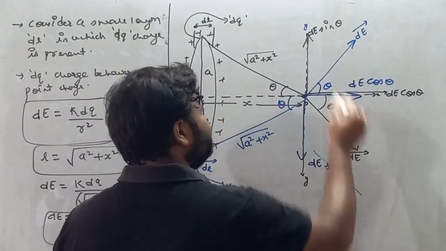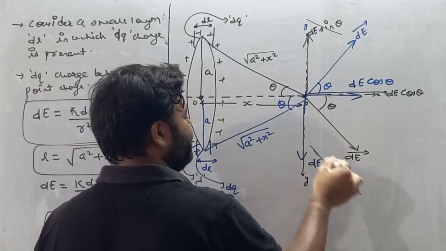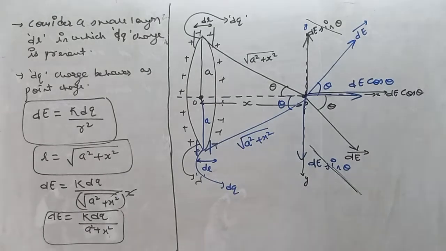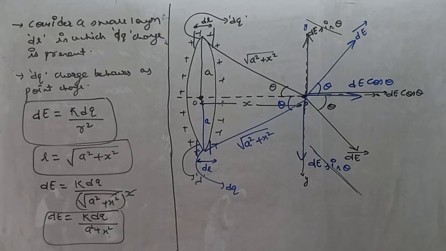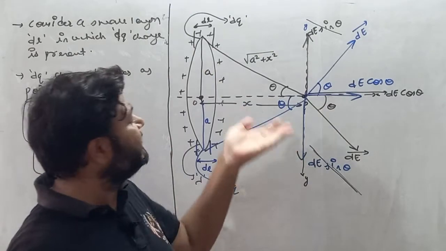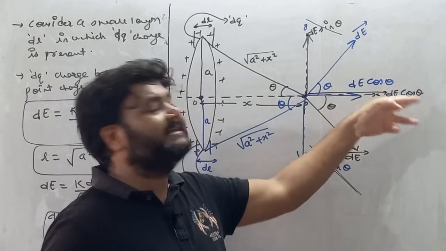So dE sin theta and dE sin theta, my dear student, get cancelled, because the magnitude of electric field is the same and their directions are opposite. So what we'll see here is that the effective component of electric field is dE cos theta.